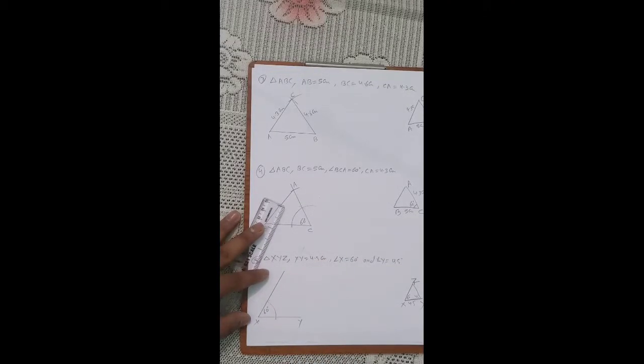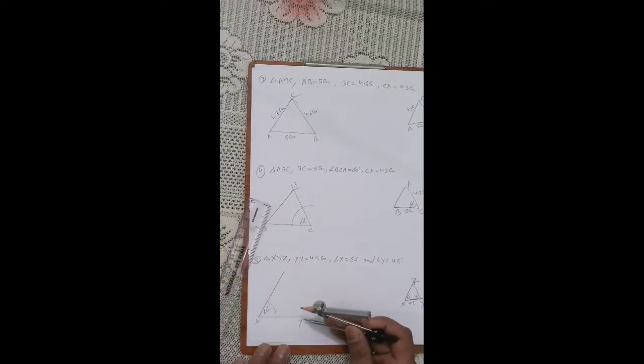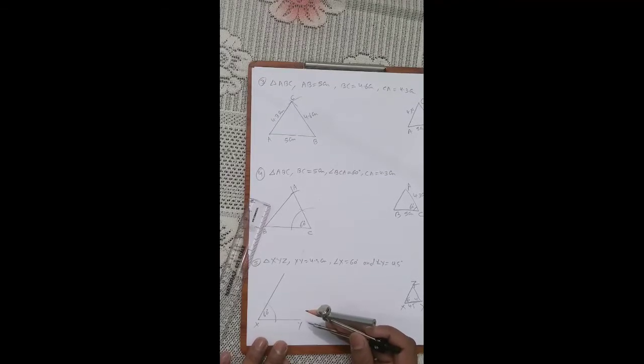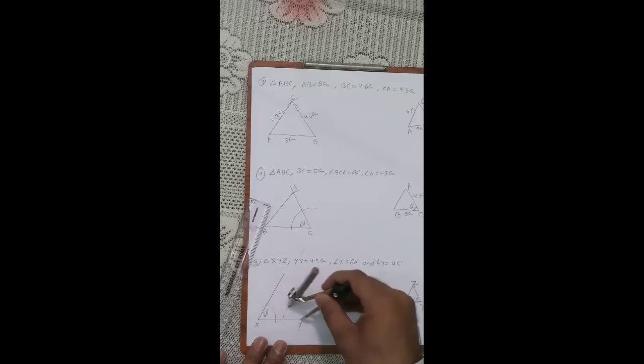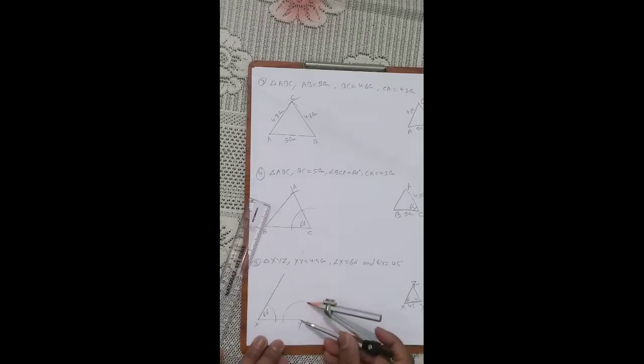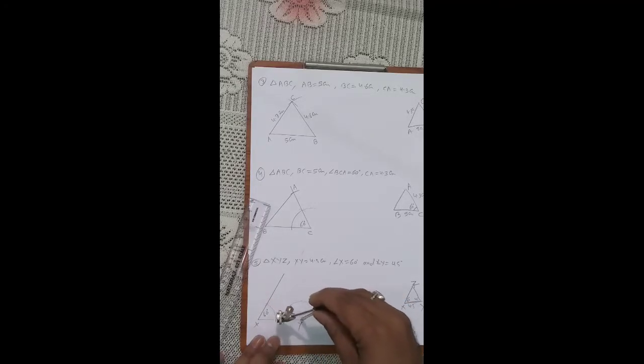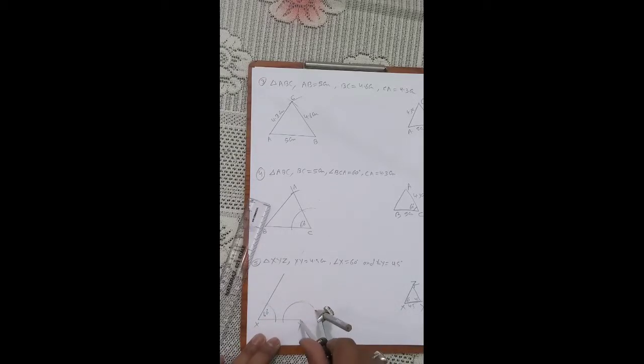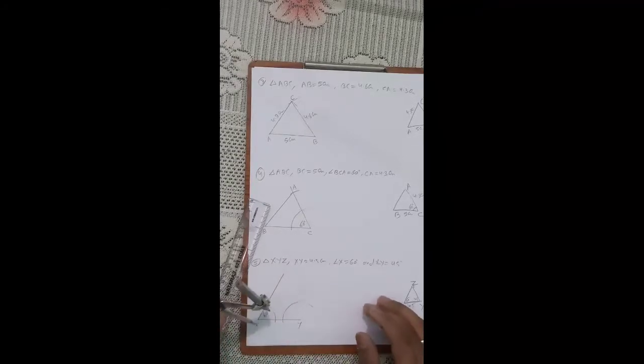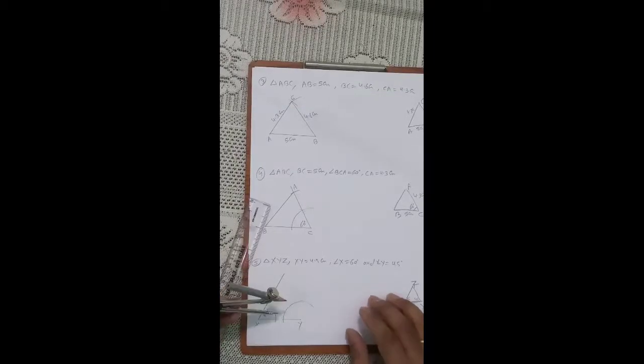Now at point Y we will draw a 45 degree angle. To draw the 45 degree angle, first we will draw 90 degree and then we will bisect it. So take Y as a center, make one arc. Okay, how to draw 90 degrees? See carefully.